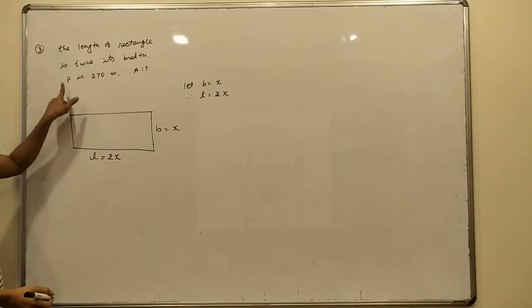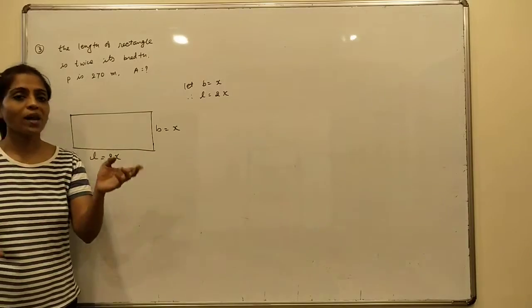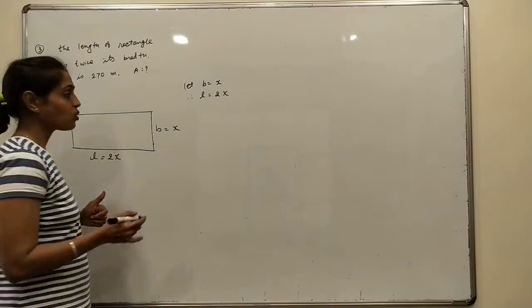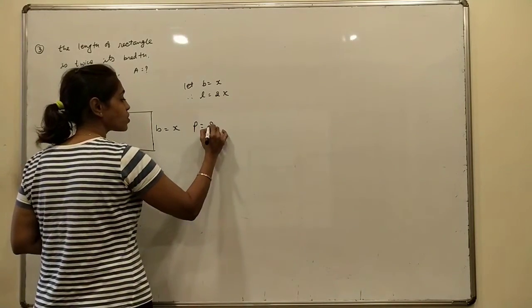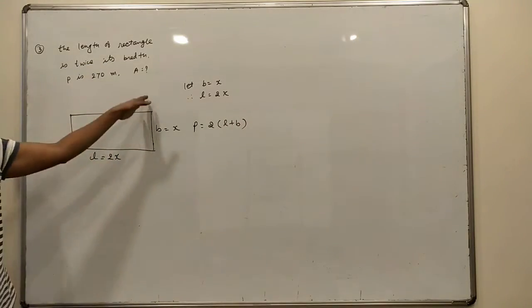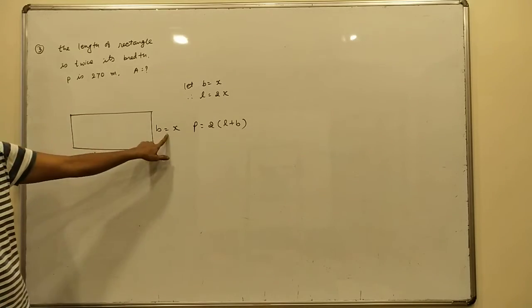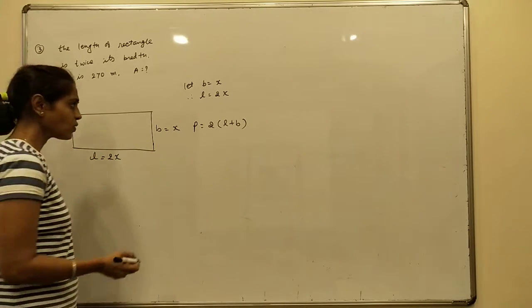And its perimeter is given, so whatever the number given in the question, you have to apply that formula. The perimeter of a rectangle is 2 into L plus B, is the formula. And if you don't know, length plus breadth plus length plus breadth. If this is 2x then this is also 2x, if this is x then this is also x. Right.